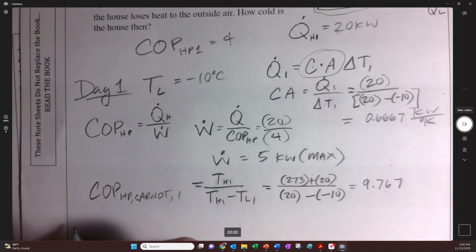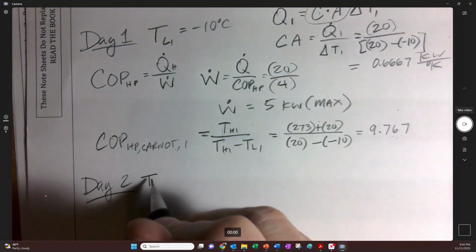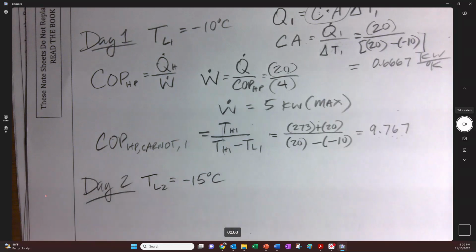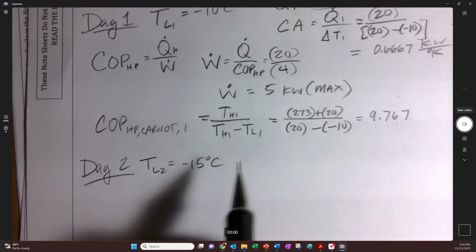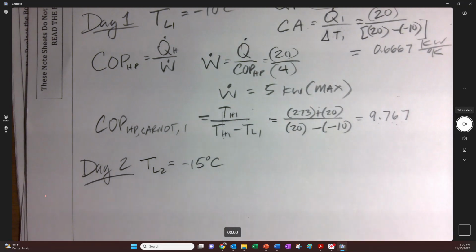Okay, let's go to day 2. Day 2, the new low is negative 15 degrees Celsius. And what we want to do is maybe start with the Carnot coefficient of performance.